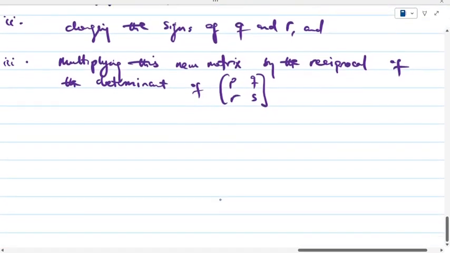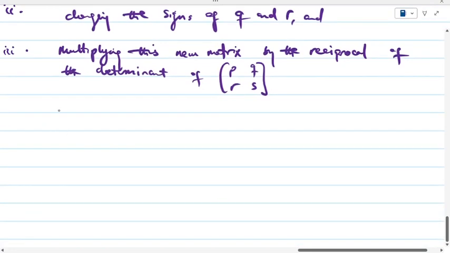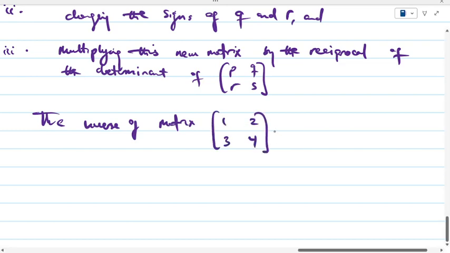So for the previous example, following this rule, the inverse of the matrix we saw, 1, 2, 3, 4, is 1 over the determinant.